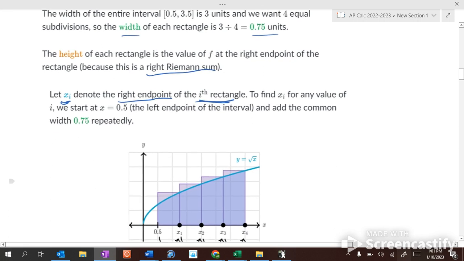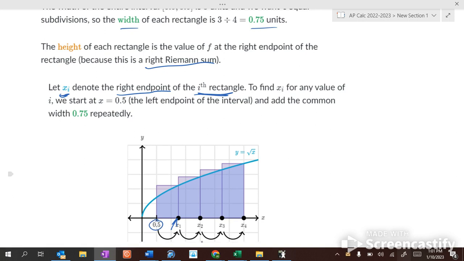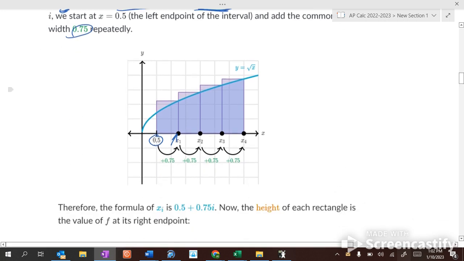To find where x1 is, basically, it's 0.5 plus 0.75. To find the second rectangle is 0.5 plus 0.75 times 2, because we went over 0.75 and 0.75. To find the third one is 0.5 plus 0.75 times 3, and so on.